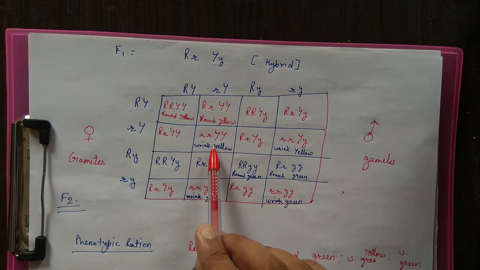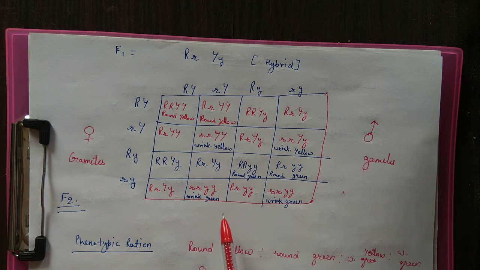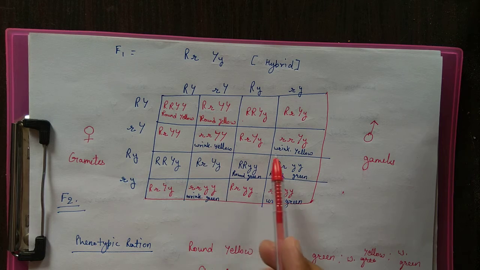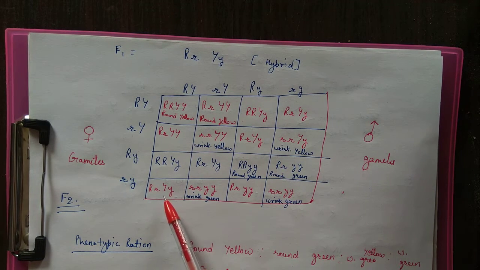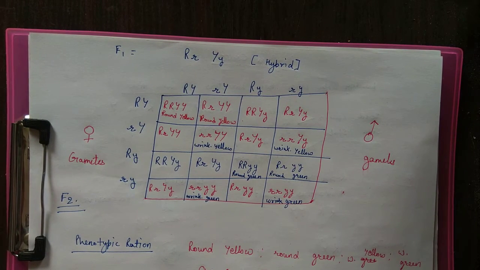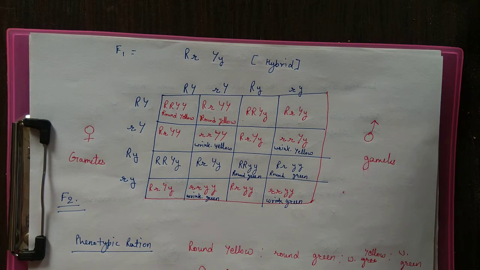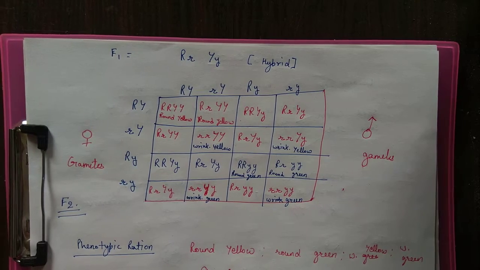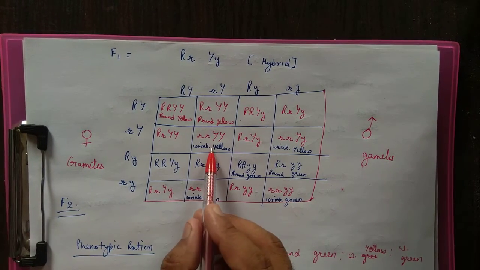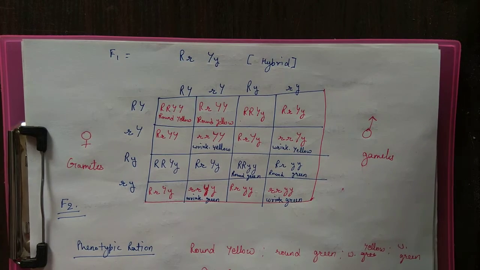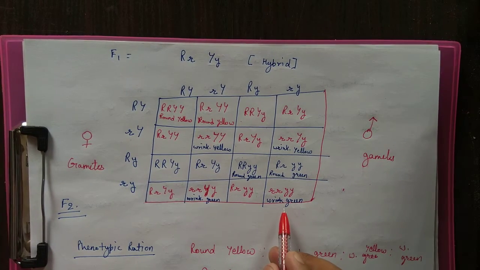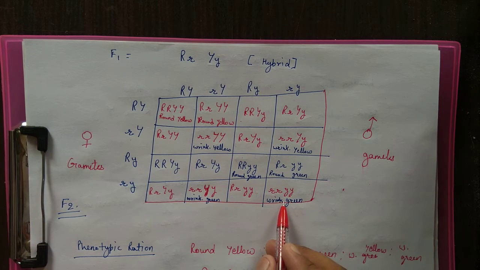So that is 1, 2, 3 wrinkle yellow, and the remaining one is wrinkle green.